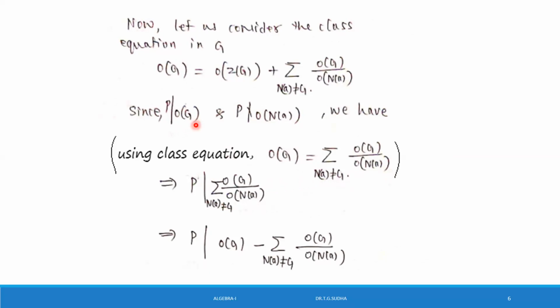So since P divides the order of G, P must divide this summation.